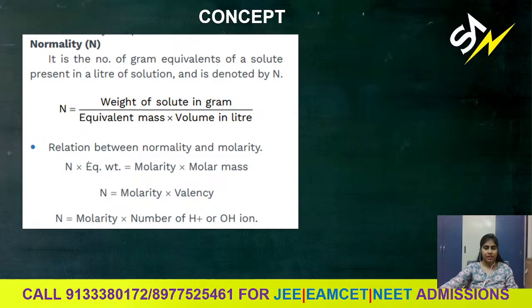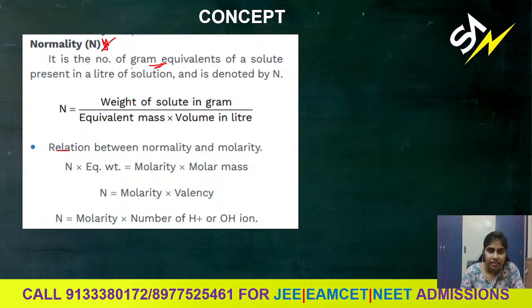And next, normality. This is also one of the important terms. So what is normality? It is the number of gram equivalents of a solute present in a liter of solution. It is similar to molarity, but there we take gram molecular weight in the denominator; here we take gram equivalents or equivalent mass.